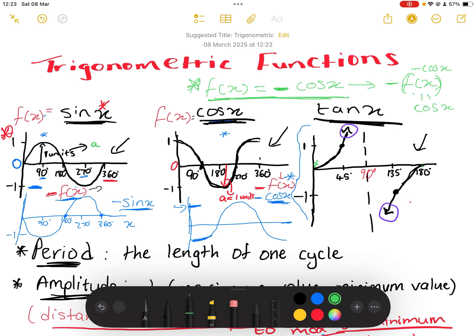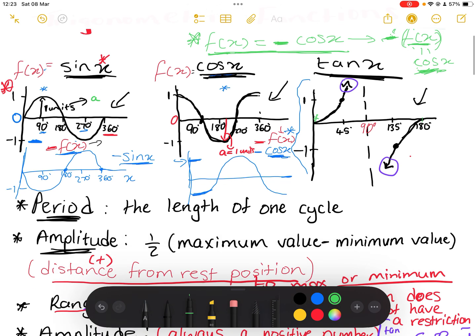So you're going to find this graph, the blue graph of cos, facing upwards. Then they say negative f of x. Therefore, remember the original f of x is negative cos x. So the negative times the negative is going to change into positive cos x.